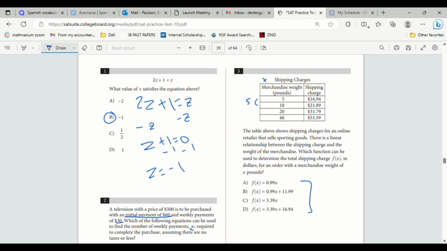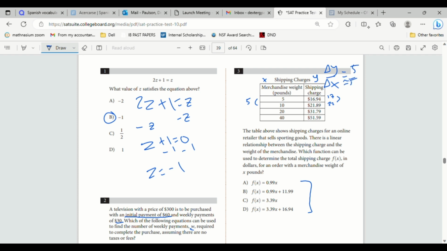And our change in y, well, let's say this 16.94 is roughly 17, and this 21.89 is roughly 22, which means that there's a difference of 5. And so a change in y over change in x for our slope gives us 5 over 5, or about a slope of 1.